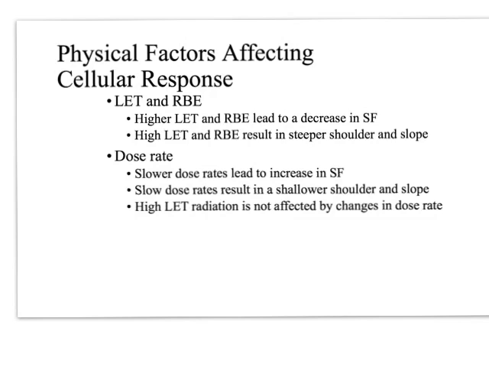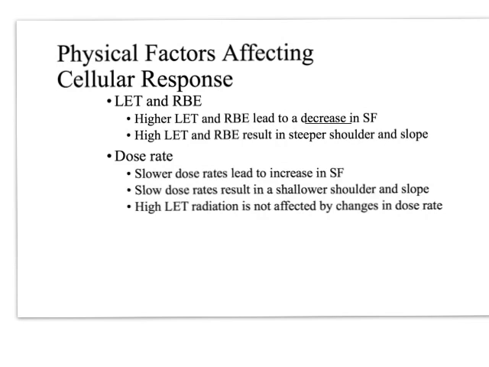So higher LET and a higher RBE will lead to a decrease in the surviving fraction of cells. A higher LET and RBE also result in a steeper shoulder and slope. So the higher that LET is, the steeper that slope will be on our curve.